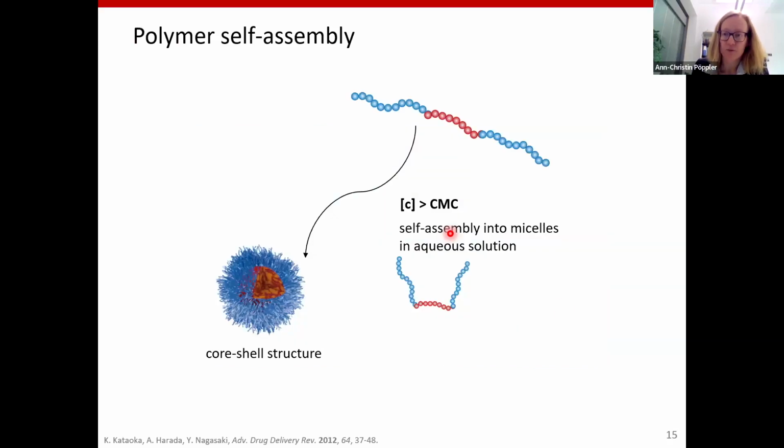So I've promised you these block copolymers, and I would like to briefly focus on these tri-block copolymers that have in blue hydrophilic parts, in red hydrophobic parts, and again hydrophilic. And if they are dissolved in water and they surpass a certain critical micelle concentration, CMC, then they self-assemble into these core shell structures, and they are in the area of several nanometers.